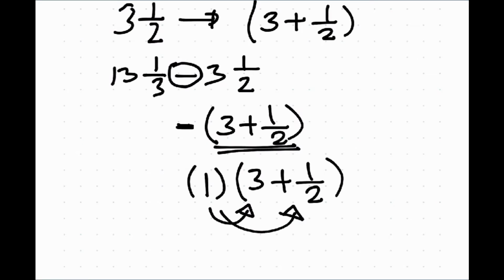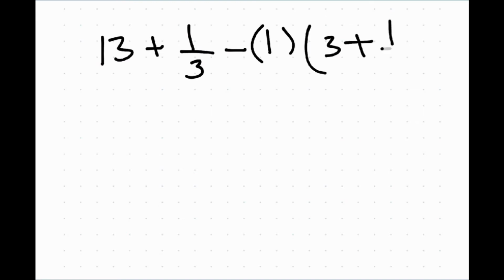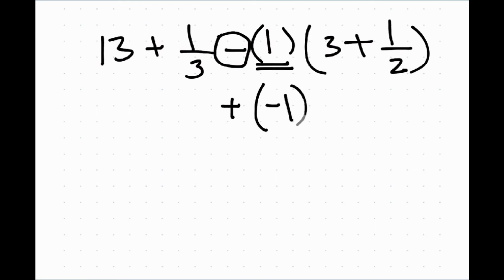So, pwede natin isipin na yung operation natin is 13 plus 1/3 minus 1 times 3 plus 1/2. And then, kapag kinonvert natin yung minus to plus, yung number sa tabi niya magiging negative. I-reverse natin yung sign. Kaya tayo nagkaroon ng negative 1.